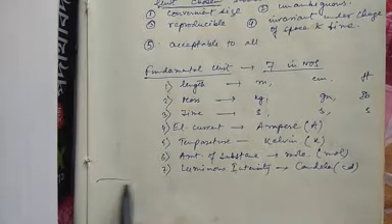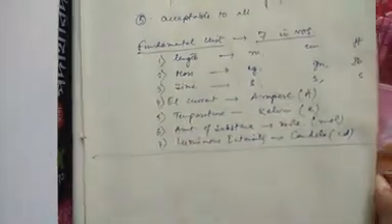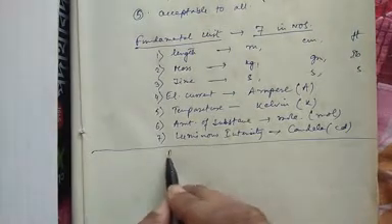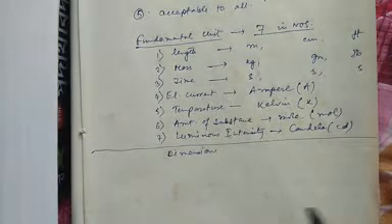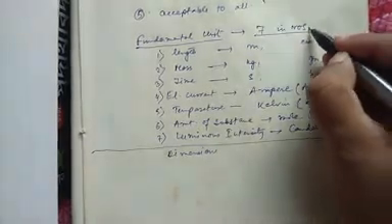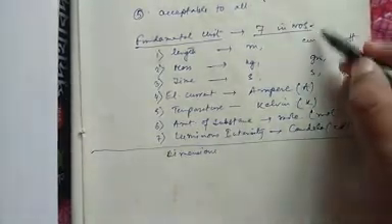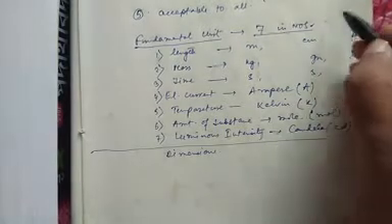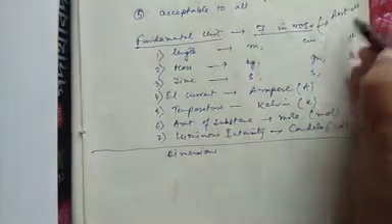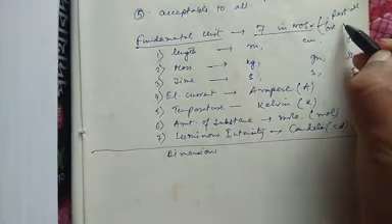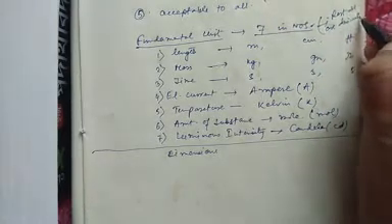Now straightforward move into the topic of dimensions. There are 7 fundamental units, and all the rest of the units are known as derived units.